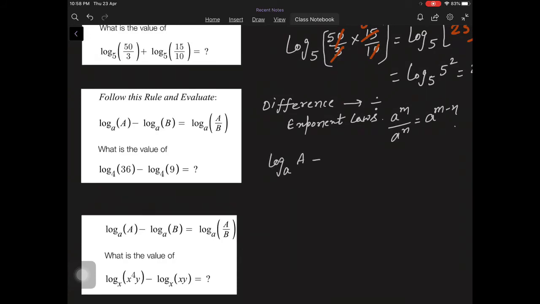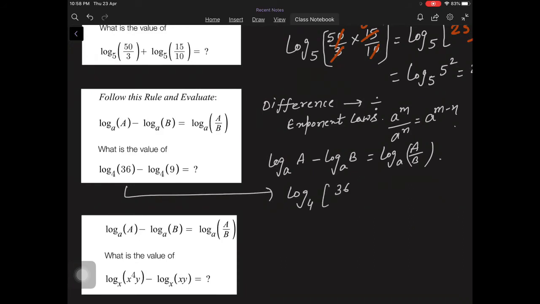So log base a of 36 and 9, we need to divide that. Just pay attention to the rule, a minus b, so you need to divide. Remember, there will be only one log. So check the example given. We should just write log base 4 of 36 divided by 9, which is 4, and the same number with the same base is always 1.